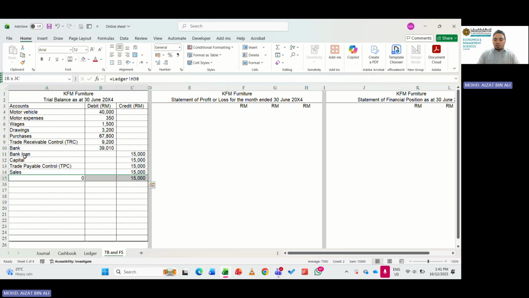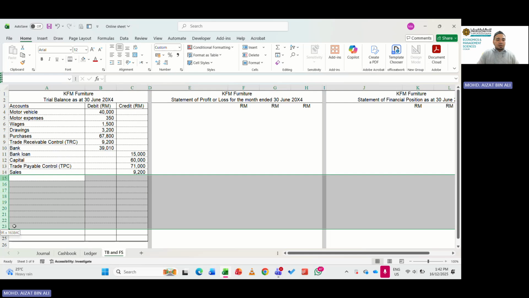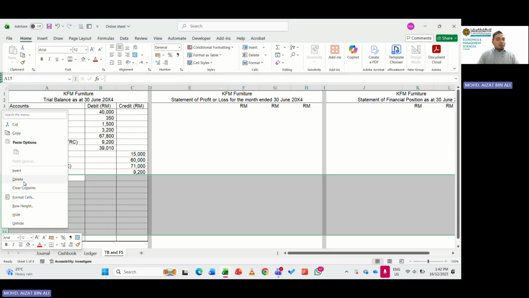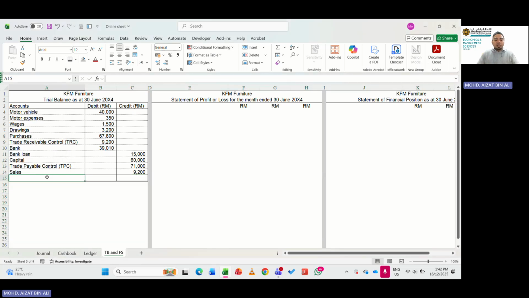You only have 4 accounts for our credit side. Then 18, 27, and 36. I don't want to have that many extra spaces. How about TRSL and TPSL? We don't have to show them in the trial balance. For subsidiary ledgers, we only show the control accounts.